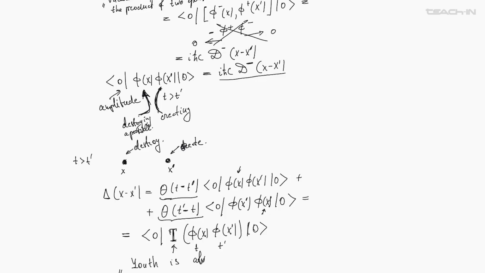So the younger you are, the righter you are. The younger the operator is, the more to the right it stands. You remember, we had already this notion of the normal-ordered product of fields, and now this is a new notion which is called the t-ordered product.